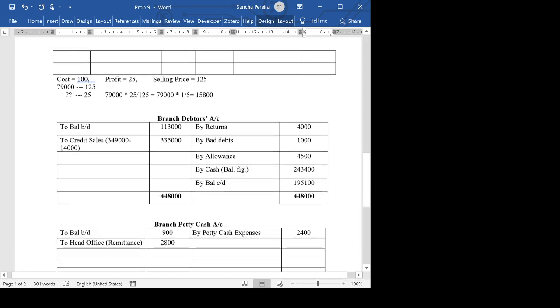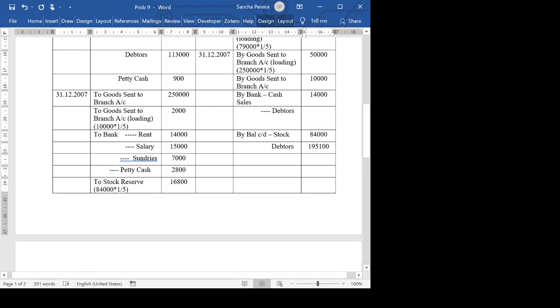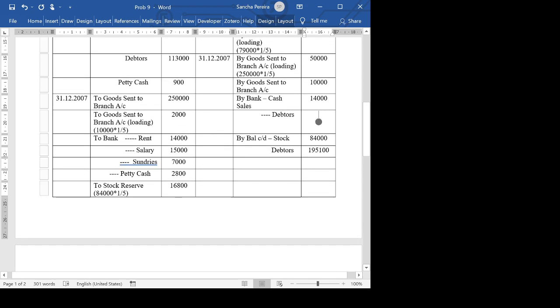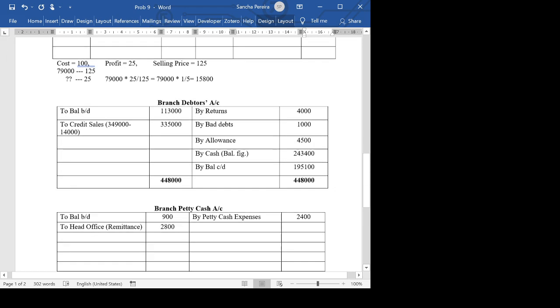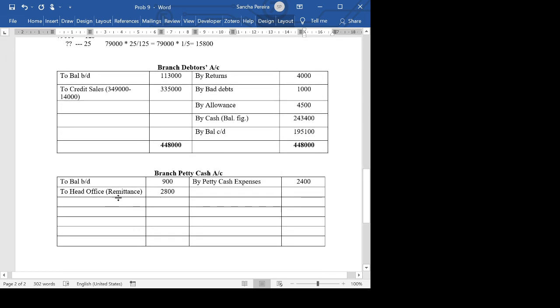That is the amount received from debtors, 2,43,400. Now suppose somebody had shown both these amounts, 14,000 in petty cash, you would also have had to show 2,43,400, and on this side by head office, sending the entire amount to the head office. So the end effect is nil.